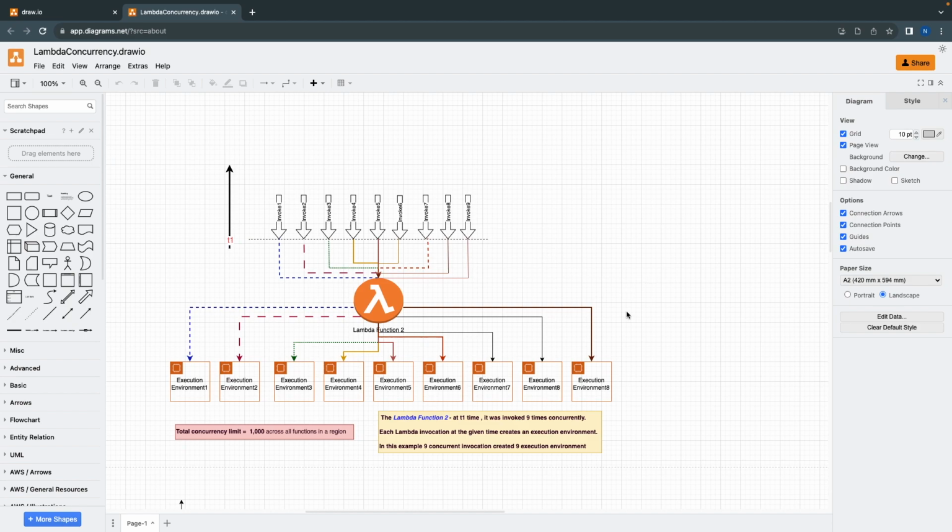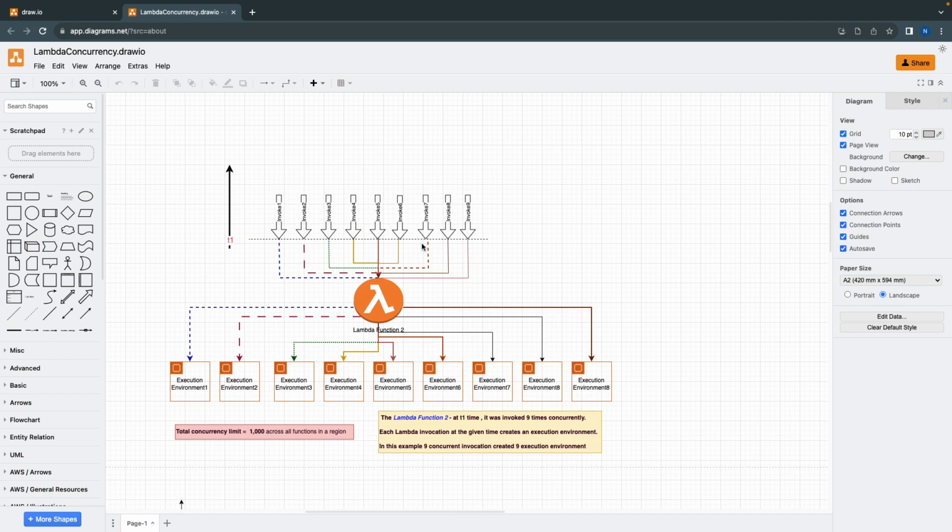Now, if you see 9 invocations, what happens if there is a concurrent invocation of 100? You are concurrently calling this Lambda 100 times. So Lambda provisions 100 execution environments to process those incoming requests, which were all invoked at the same time.